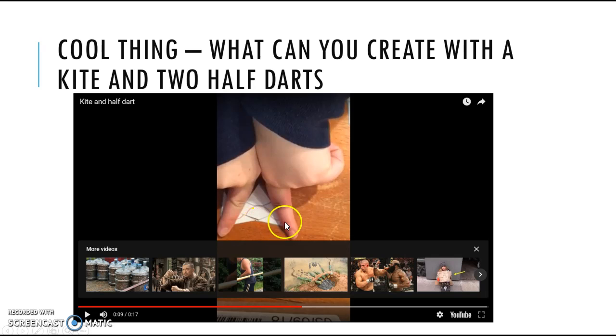It's kind of like an inverted kite from the original one. And so you see that taking the 2 half darts, now we can't put one kite on top of a dart because then the red lines don't match up. And so we see that this kite is formed by the kite and the 2 half darts.